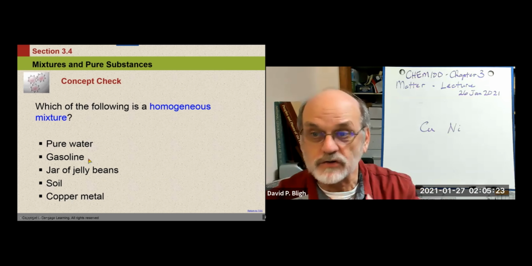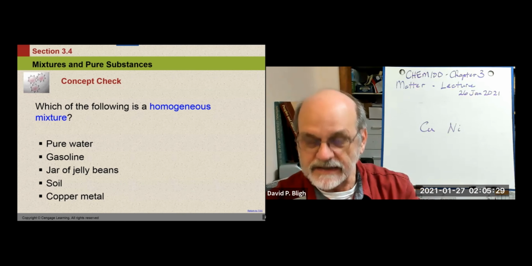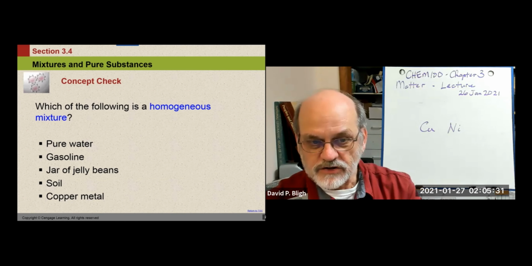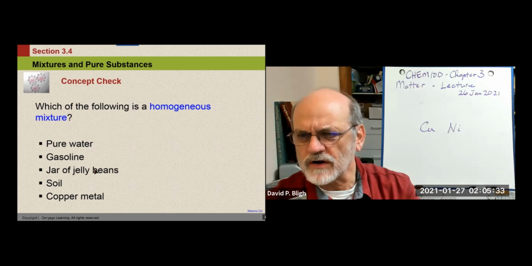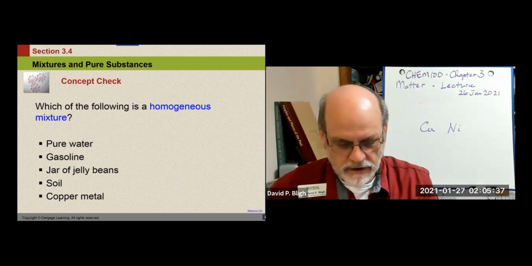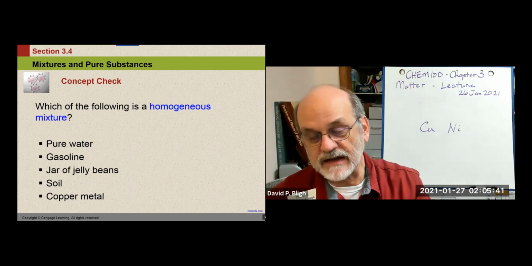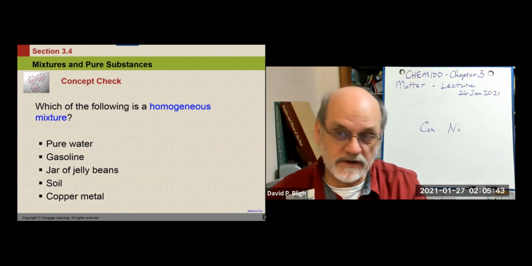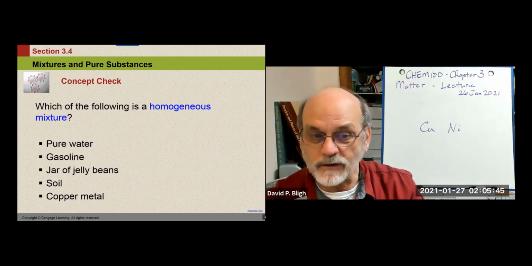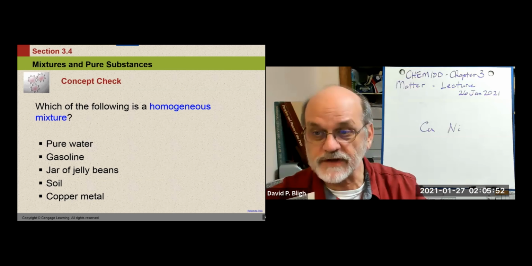Gasoline is a solution of octane and various additives. It is homogeneous. Jelly beans. If you look at a jar of jelly beans, and you reach in and grab a sample, two handfuls, and you count the colors, you find that this hand has a different ratio of colors than this hand. So that's heterogeneous. And soil, take my word for it, I've got a PhD in soil science.